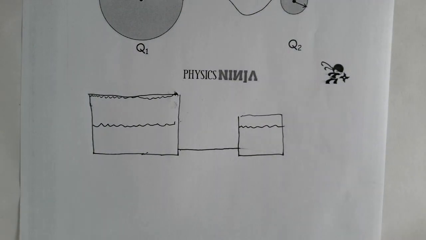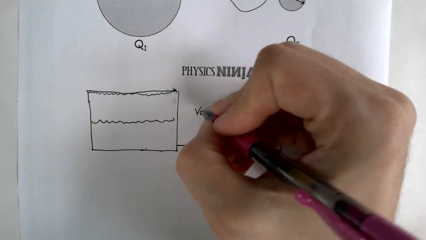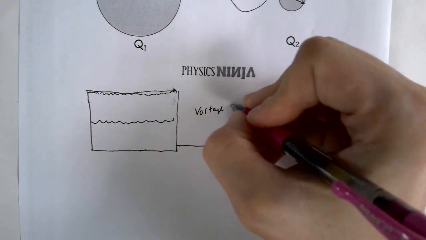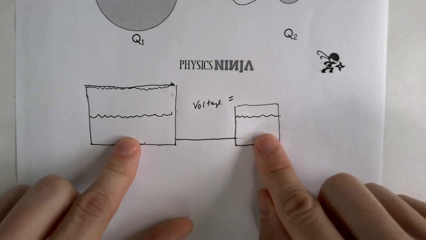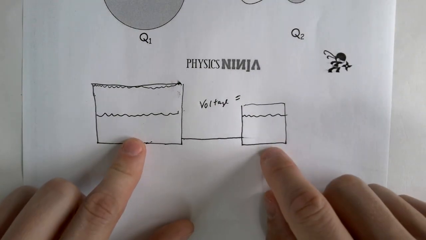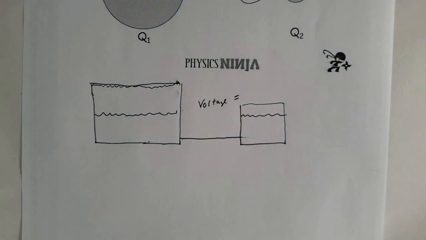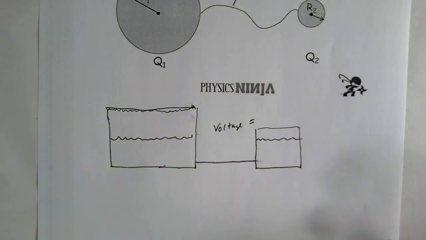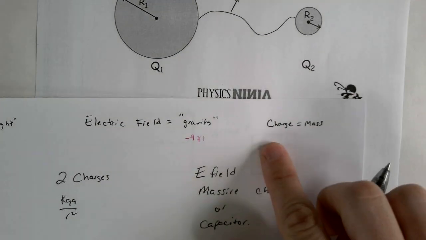And if the height is the same, that means that the voltage will be equal. Now think about that. If the voltage is equal, we have to think a little bit deeper. If the voltage is equal, that doesn't mean that everything is equal, because the amount of charge normally would be equal, but not always.